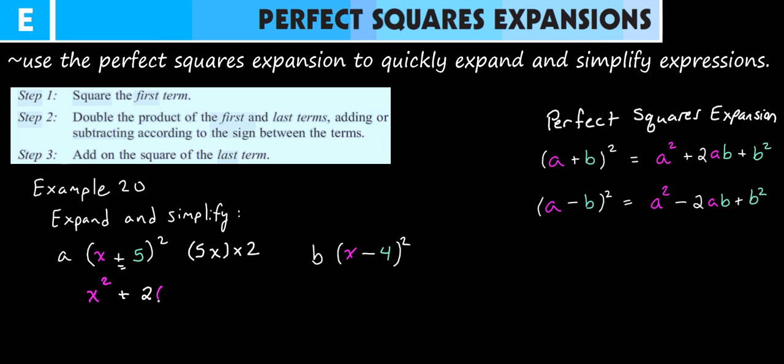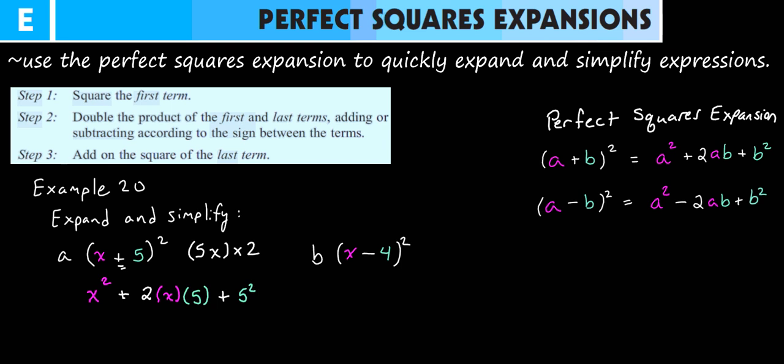x times 5. Okay, we'll simplify that in just a second. But then always going to be plus on the end of it, plus 5 squared. I don't care if it's a positive or a negative, it's always going to be plus on the end of it.